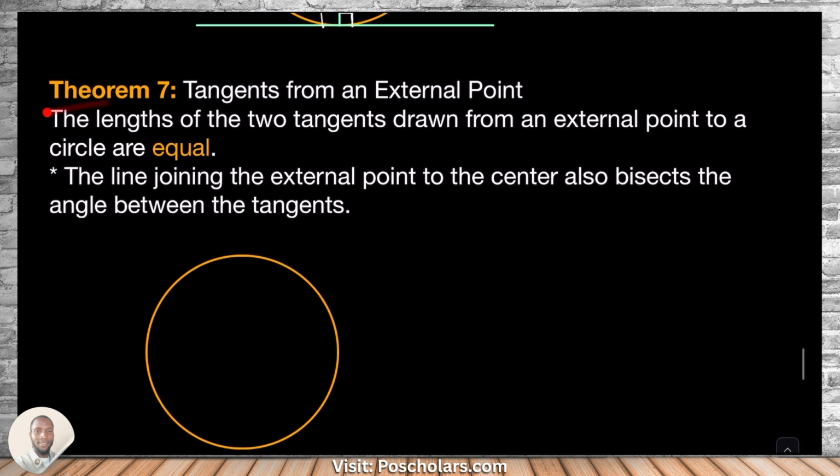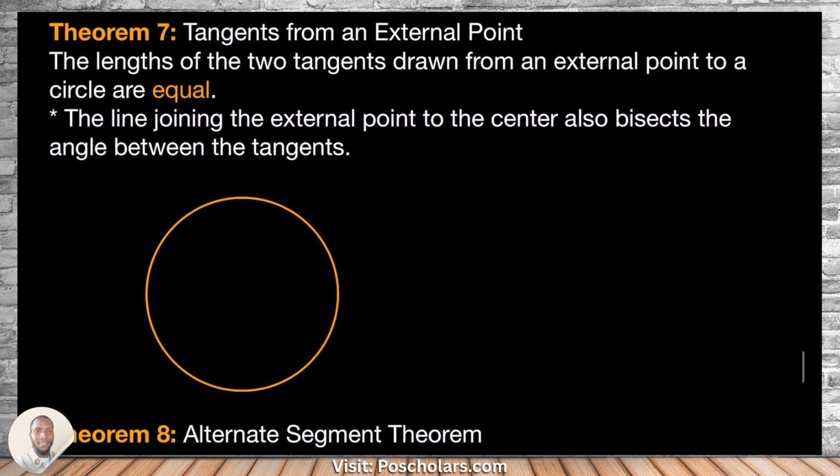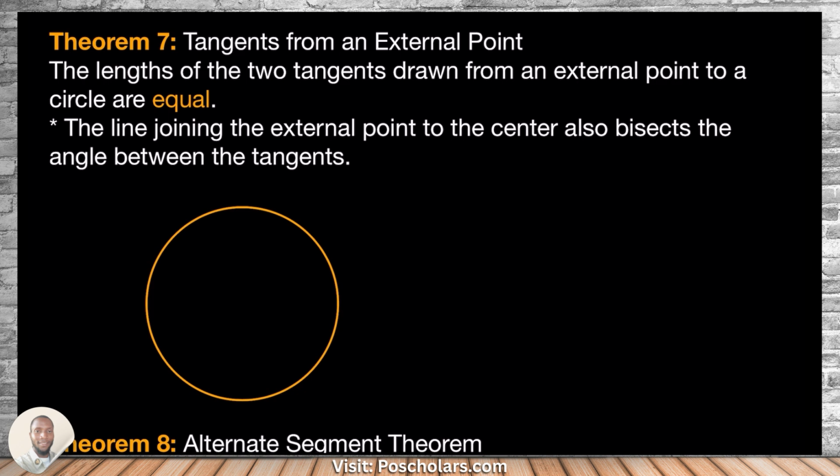Next, theorem 7. Theorem 7 says tangent from an external point, and the definition is the length of the two tangents drawn from an external point to a circle are equal. Now what does that mean? Let's illustrate. If there's a point outside, and I draw a tangent to this circle, and I draw another tangent to this circle. This is the point of intersection for the first tangent.